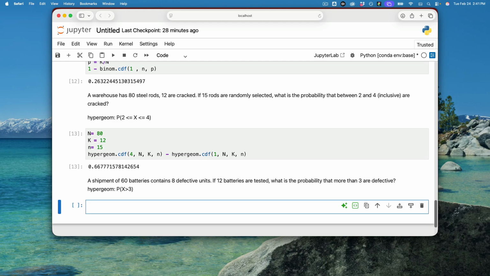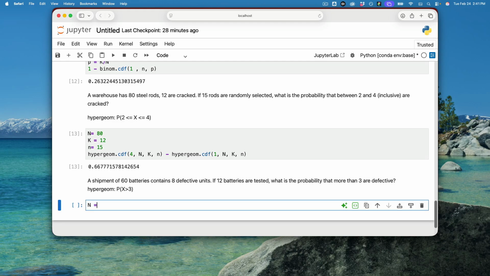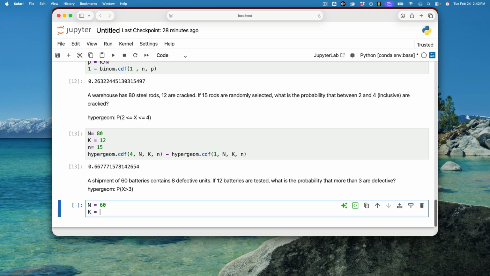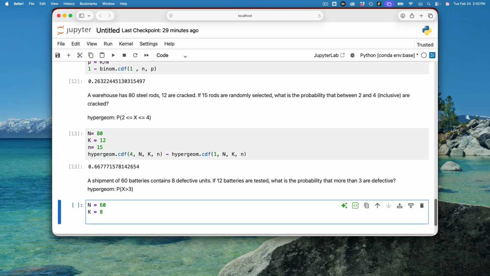Okay, so all of these questions are typed up for you. I'll just post everything on Canvas. If you want, just focus on typing the code, just to practice it in extra time. So N equals 60 and K equals 8. 12 batteries are tested.